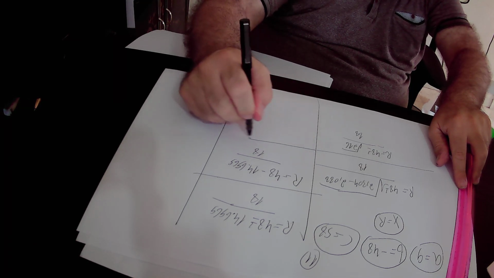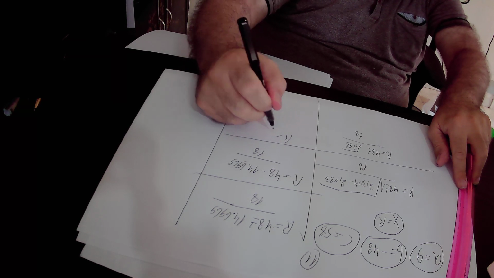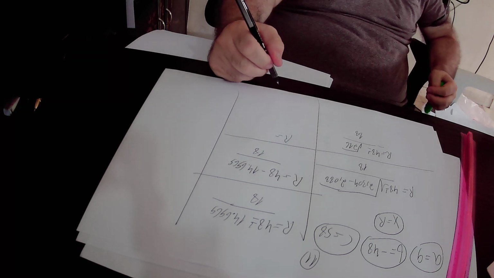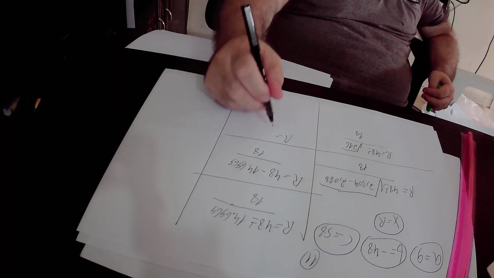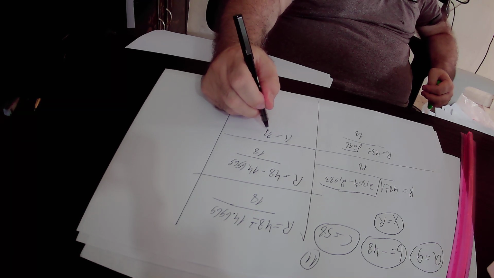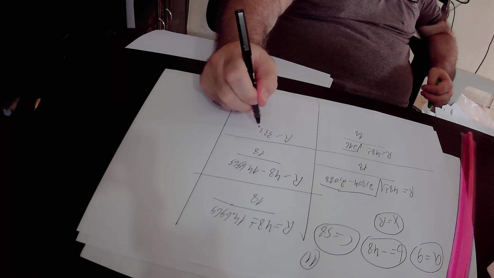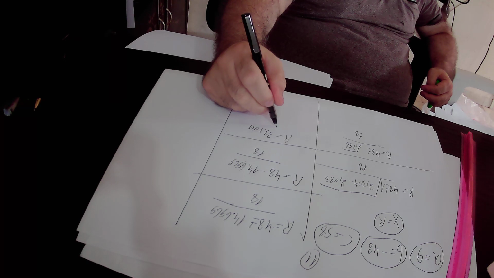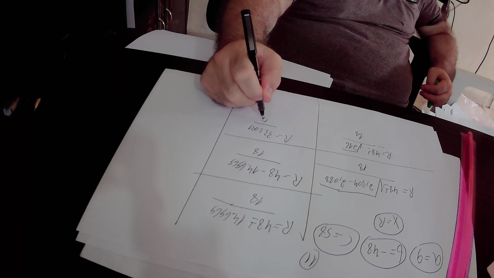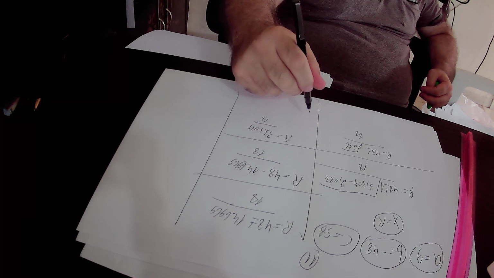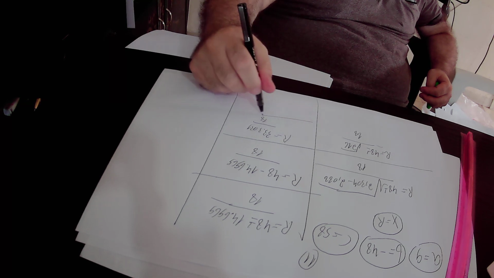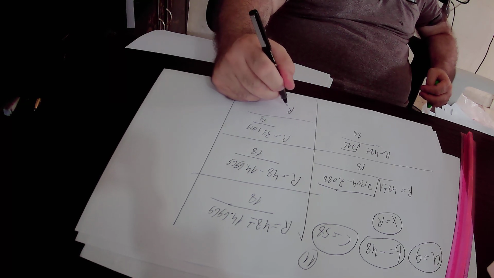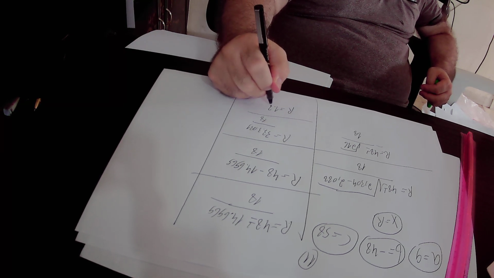So r equals 48 minus 14.6969, which is 33.3031 over 18. So 33.3031 over 18 is 1.85.